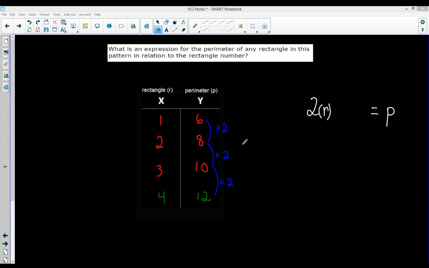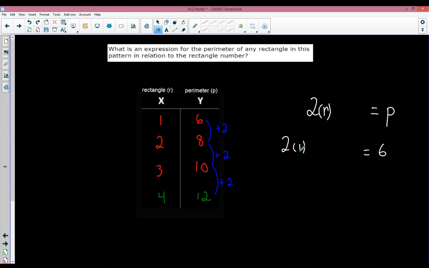So what we're going to do now is confirm that this expression works. We're going to do that by trying it out for at least 3 of our inputs. I would say replace the variable R with the first rectangle number. 2 times 1 equals 6. Well, that's not right.